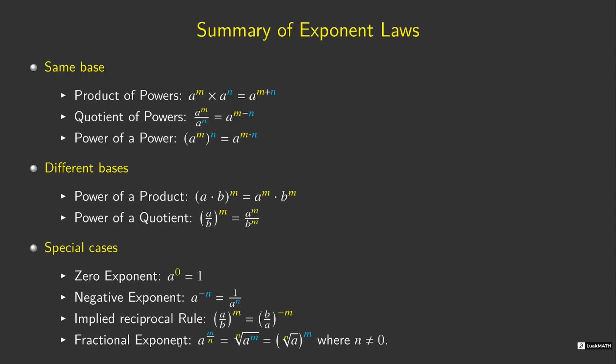And then the fractional exponent, you can take the root, or you can exponentiate the base to the numerator, and then take the nth root, which is the denominator. So the denominator gives you the root.